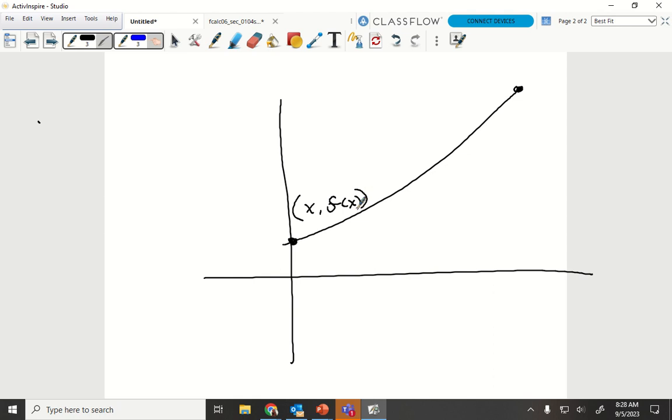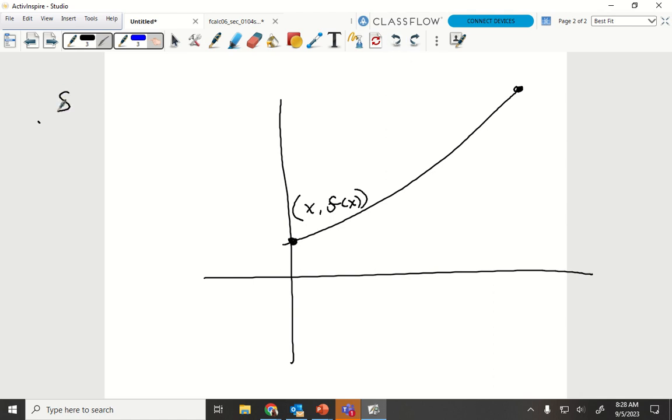Does that make sense? It's the point x, comma, f of x. It's my x value and my y value, right? Yes. Okay. So what I'm trying to do is recreate my slope formula. y2, actually, let's not use y's.